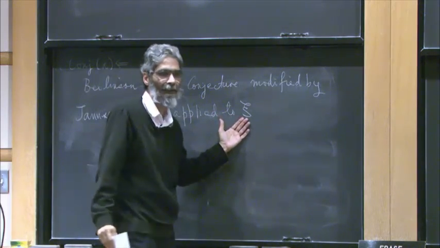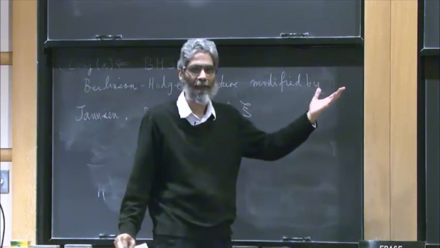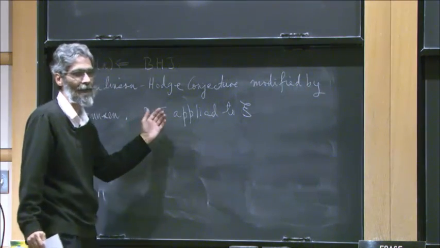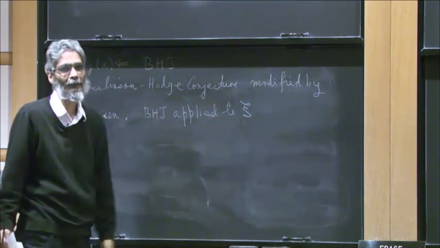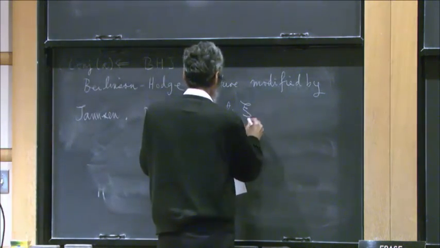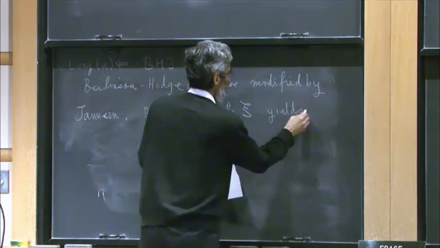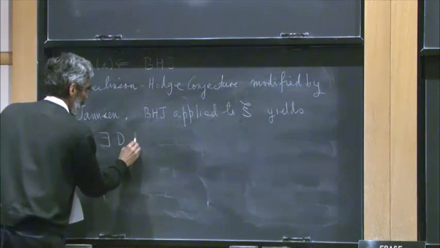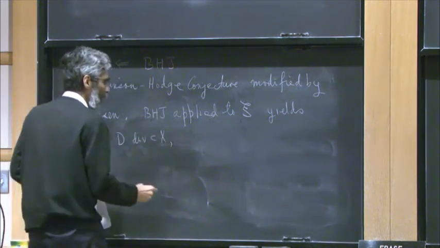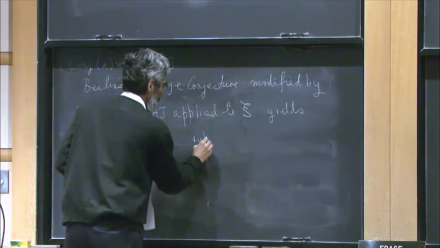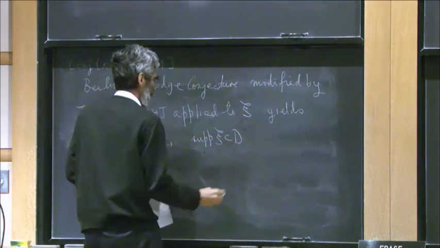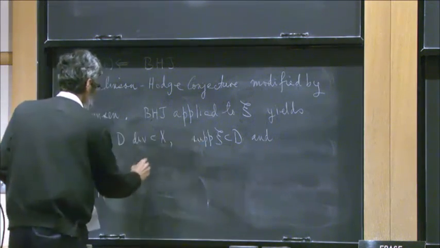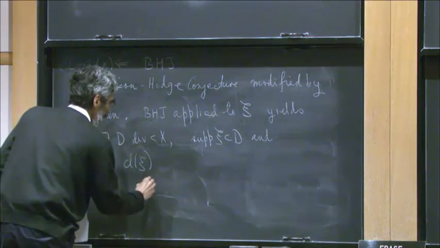If something vanishes in the intermediate Jacobian, you actually get a Hodge class on the complement of that curve, and this says that the corresponding Hodge class has got to vanish on a smaller Zariski open set, which is another way of saying that applying it yields that there is a divisor D in X, so codimension 1 is an effective divisor, such that the support of psi is contained in D, and the class of psi goes to 0.